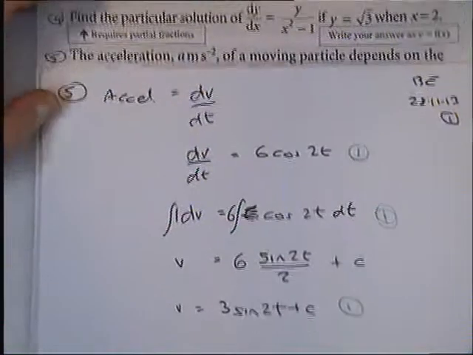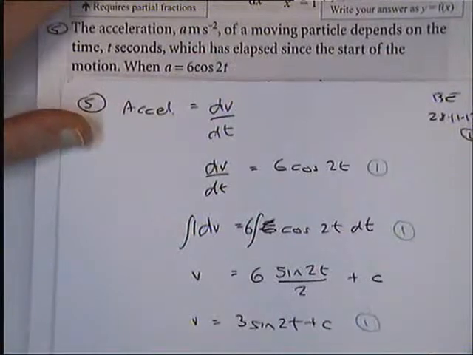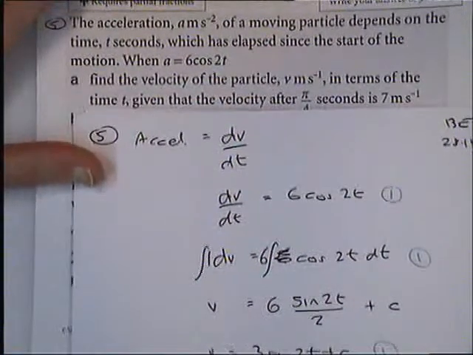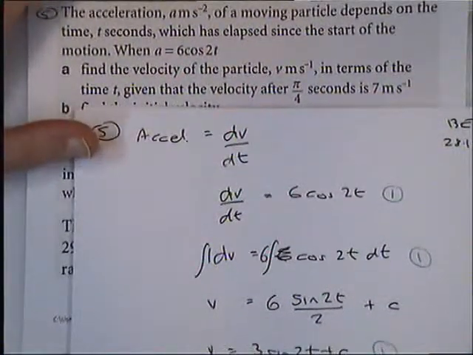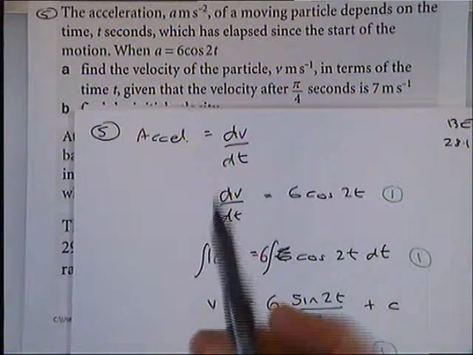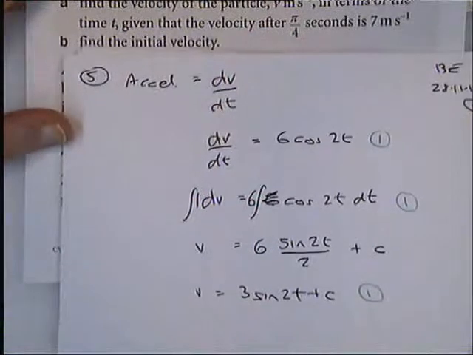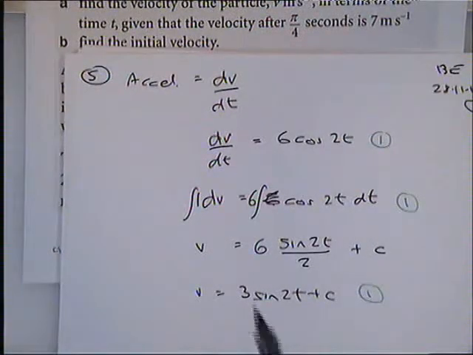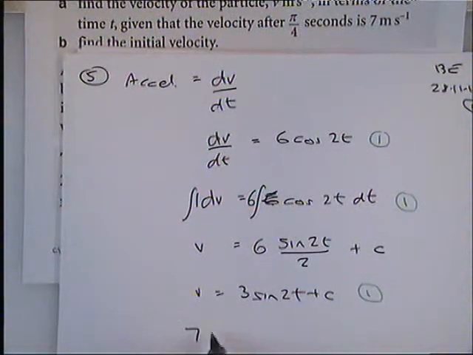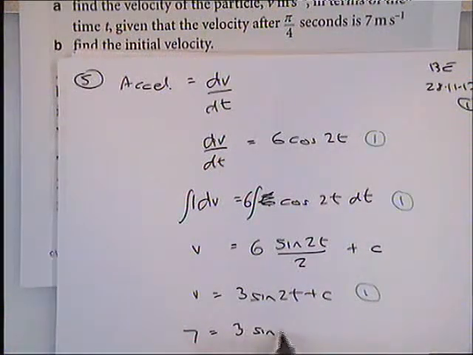Going back to the question, it gave us some information up the top. It said, given the velocity after pi by 4 seconds is 7 meters per second. So now I can substitute that in: I've got a velocity of 7 when time is pi by 4.